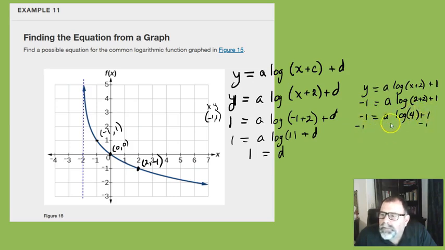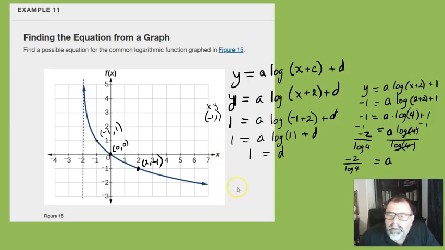Subtract the 1 from both sides, so I got a log of 4 equals negative 2. Then divide both sides by log of 4. Those cancel, and you get a equals negative 2 over log of 4. And that's all our variables now. So our equation is going to be y equals negative 2 over log of 4.